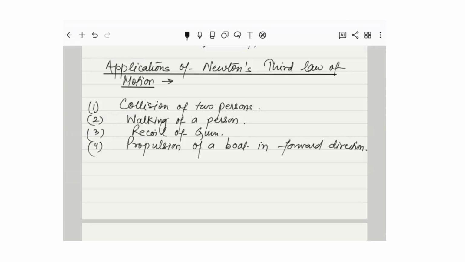Are you getting this? And the same is the case with rocket propulsion, right? Rocket propulsion. So how is it propelling? The propulsion of the rocket is again based on the principle of action and reaction.